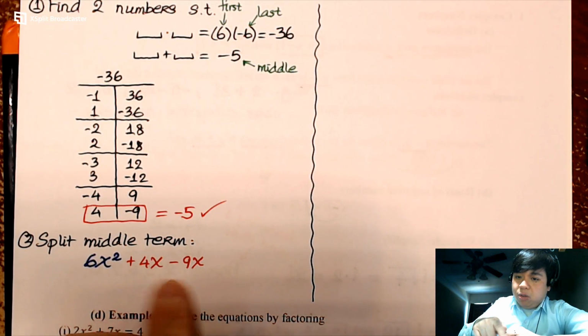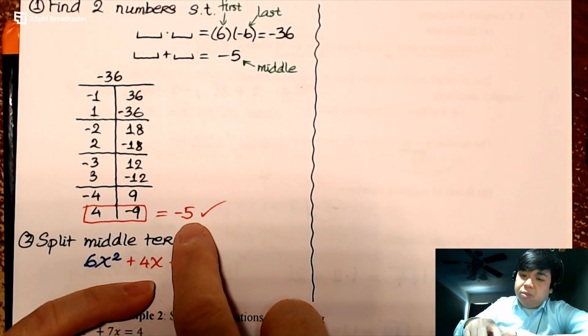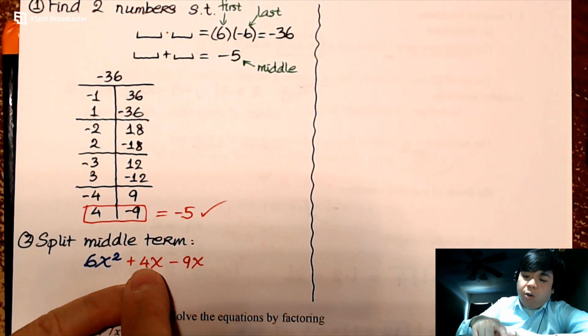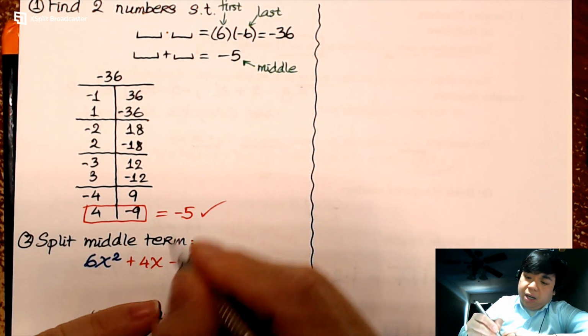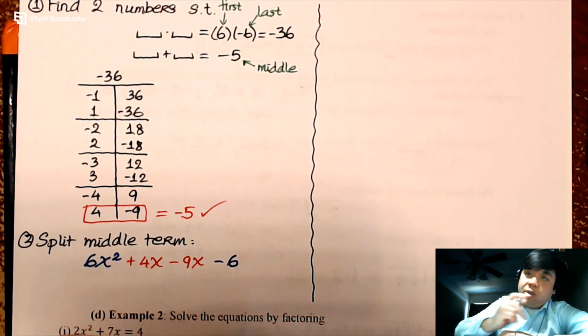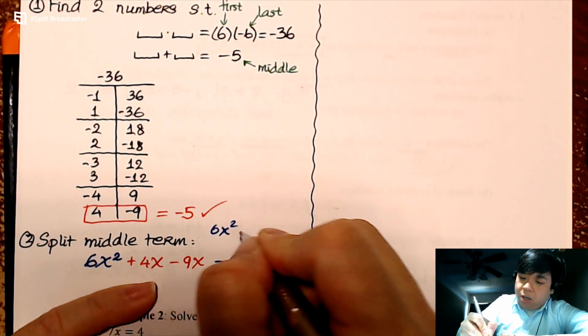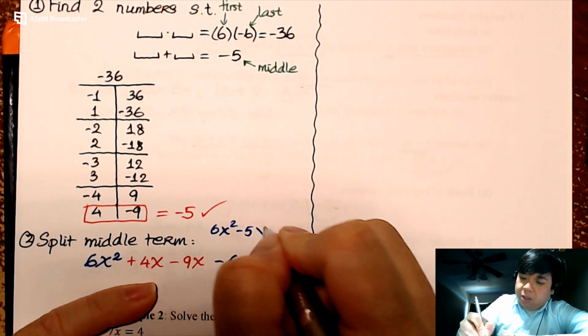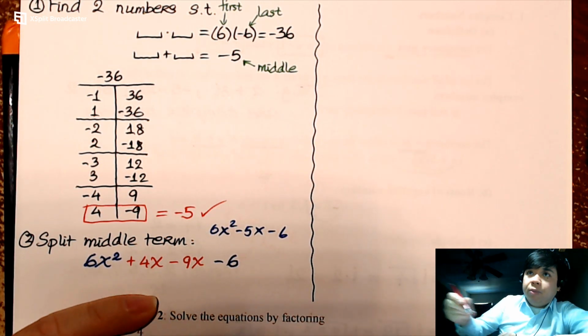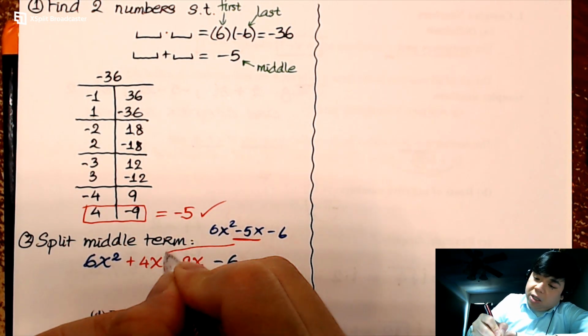So we split the middle term. Instead of -5x, it becomes 4x minus 9x, and then -6. Let me write that real quick: 6x squared minus 5x minus 6. The -5 is split into two.